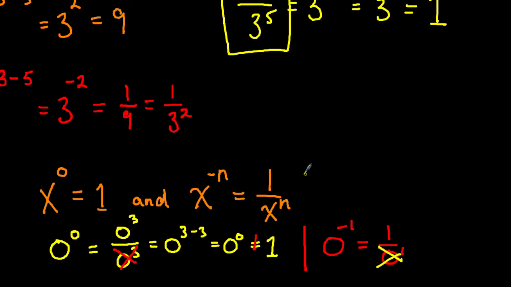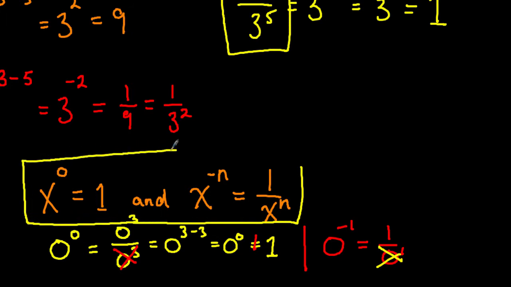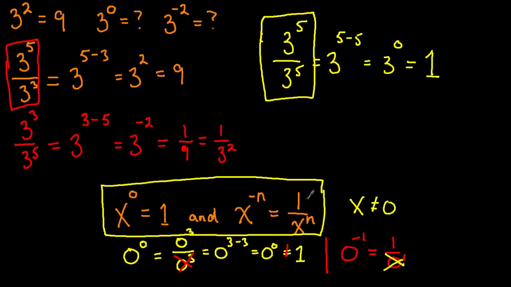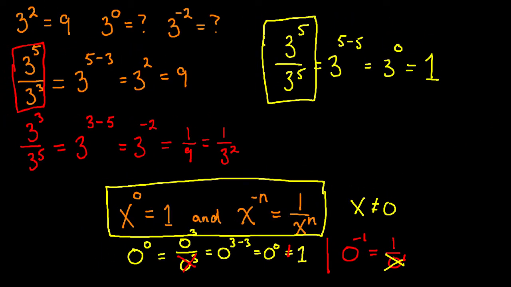So what we have here is a true statement for all values of x, except x can never be 0 when you have a power of 0 or you have a negative exponent.